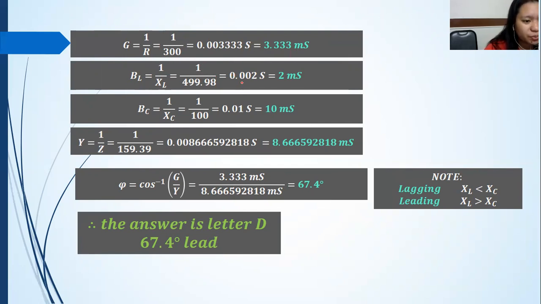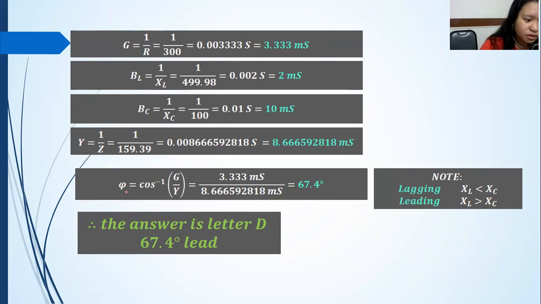It is equal to 0.002 S or 2 ms. Then the BC is 1 over XC. The XC is 100, so 1 over 100 is 0.01 S or 10 ms. Then the Y is 1 over the impedance, so 1 over 159.39. So we have here 0.00866665 and so on. And we convert it to ms, so 8.6659 ms.